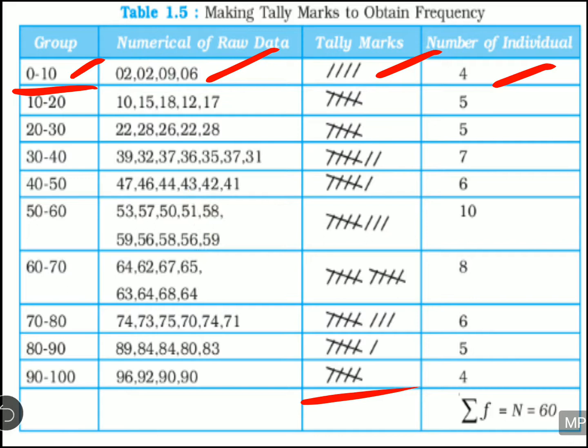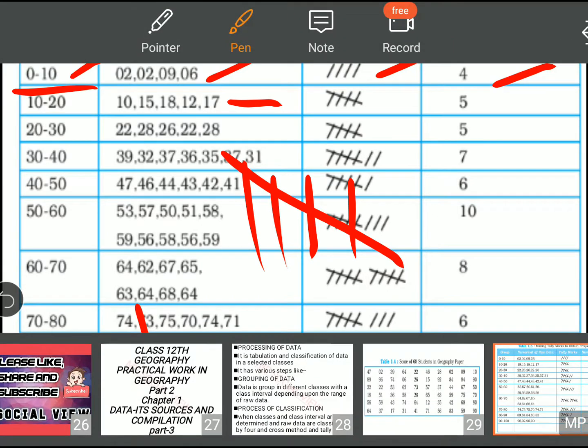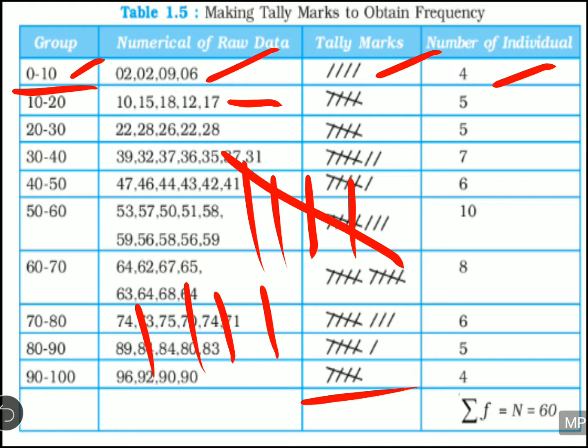So you will denote this with the tally marks 1, 2, 3 and 4. Suppose it is more than 4, like in the second category it is 5, then you have to show the 5 in this way. You are making 4 lines, and then you are crossing the lines, and that's why it is called 4 and cross. So when you make 4 lines and cross them, it becomes 5.